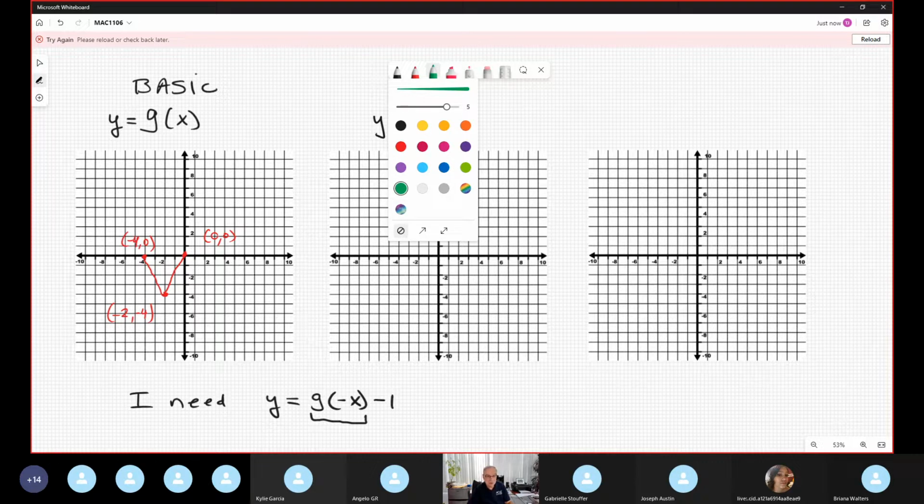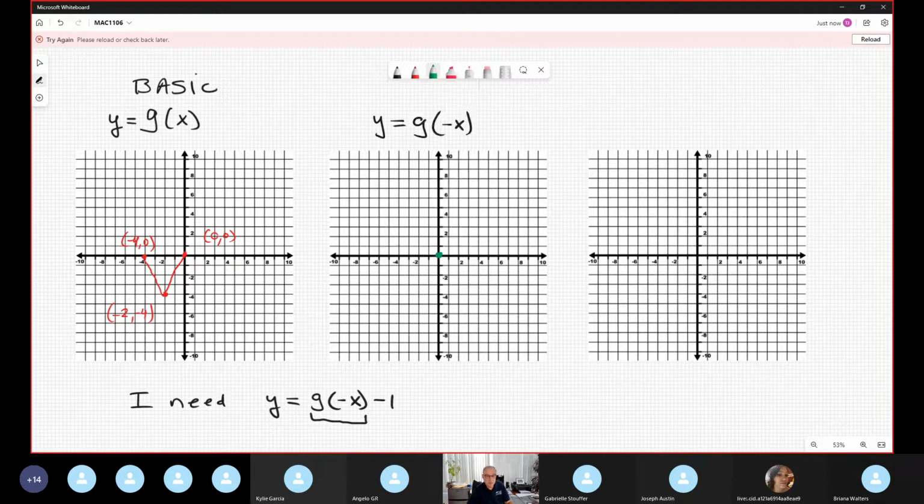Look, (0, 0) stays the same, because negative 0 has no sense, it stays (0, 0). However, (-2, -4) is transformed to (2, -4).